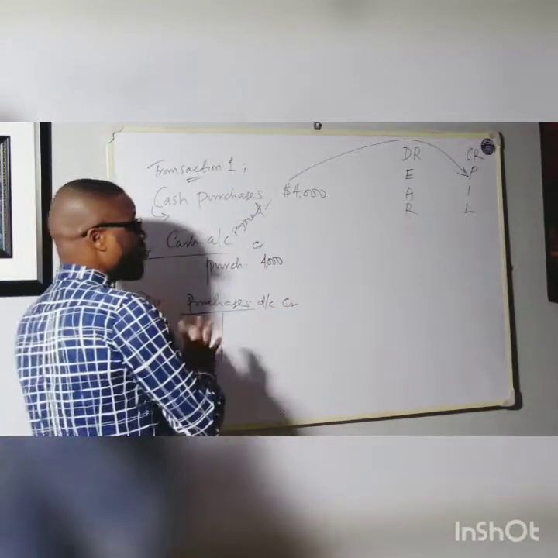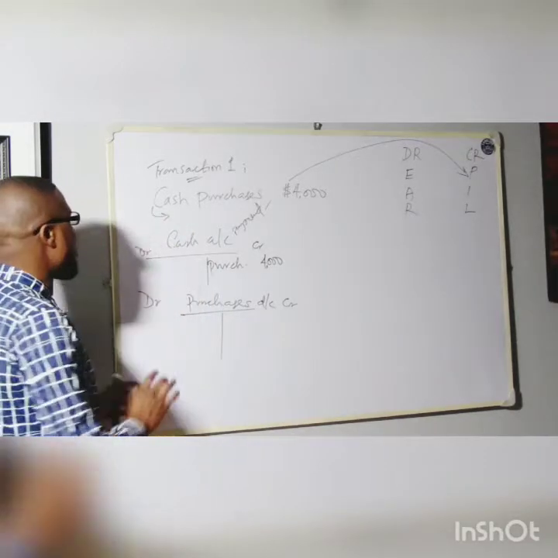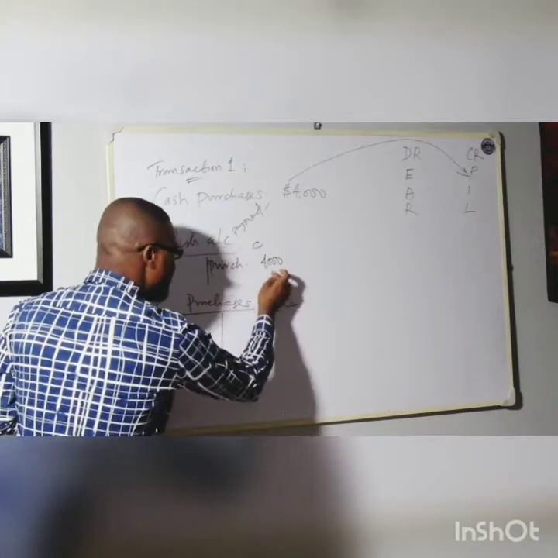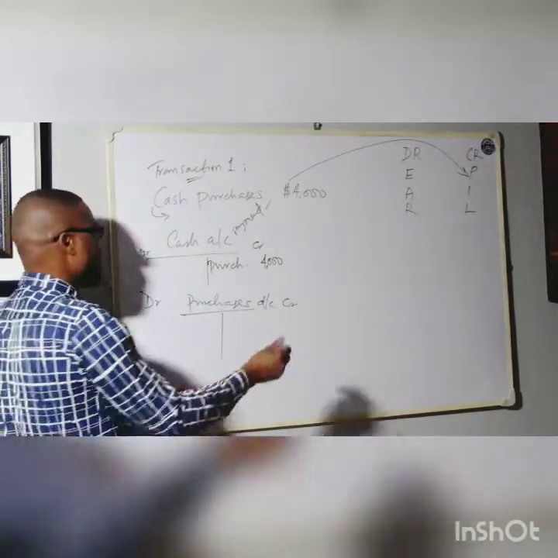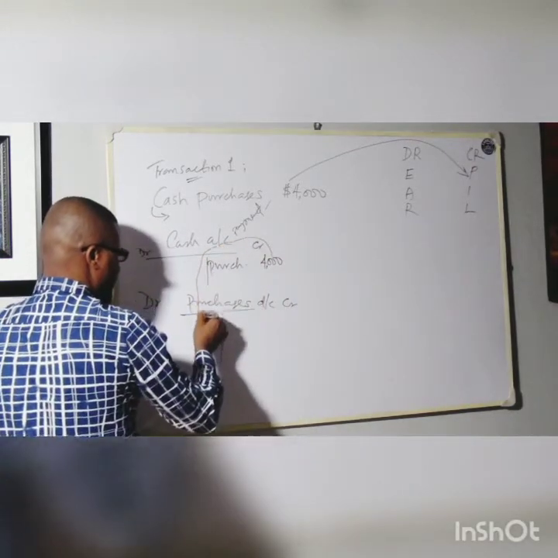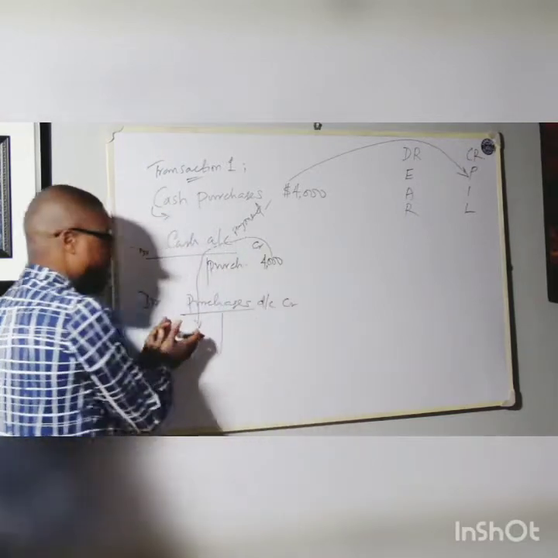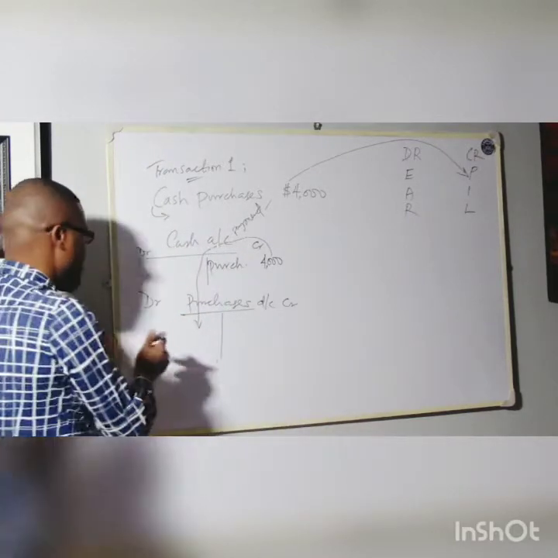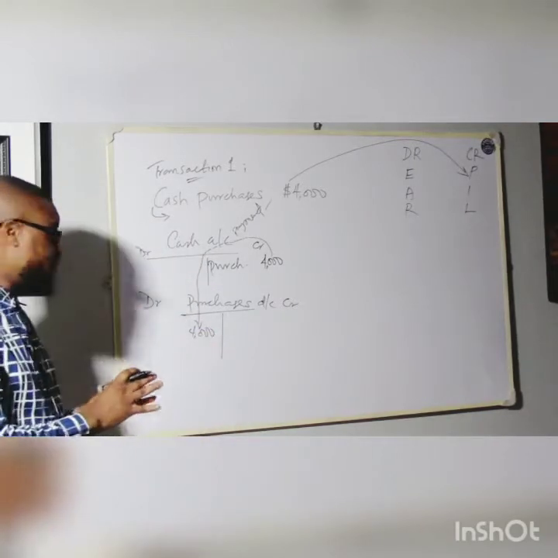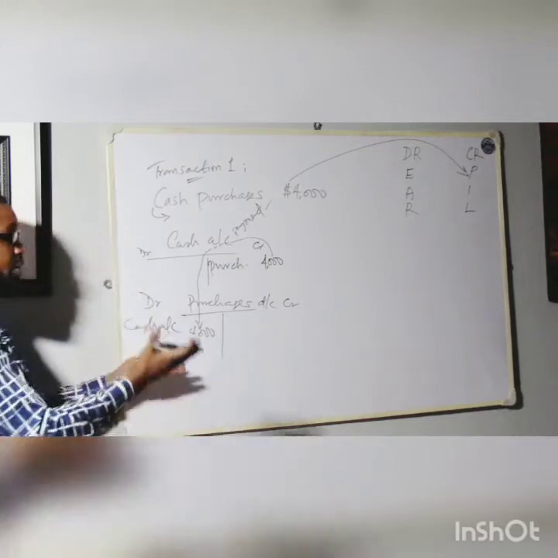So once you're sure of the first entry, all you need to do for the second account is transfer the same sum to the opposite side of the second account. So I don't have to think, I just have to follow this simple process. For every credit entry, there must be a corresponding debit entry. So my $4,000 now lands on this side of the purchases account, and I see that it is coming straight from the cash account. Then you have the double entry.